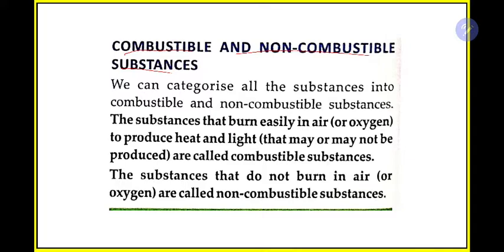At the same time, if you burn a candle, what will you get? You will get light, you will get heat. If you burn your gas stove at home or coal, you will get light, along with that you will get heat. That means for the cases where we get heat and light both, we call them combustible substances. The substances that burn easily in air or oxygen to produce heat and light, where light may or may not be produced, are called combustible substances.